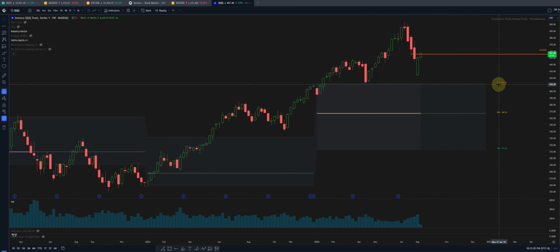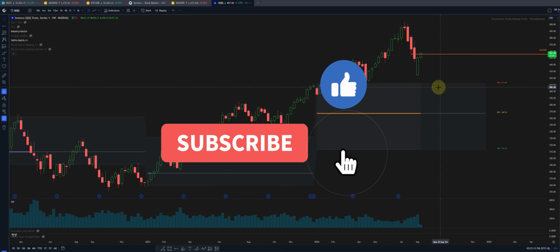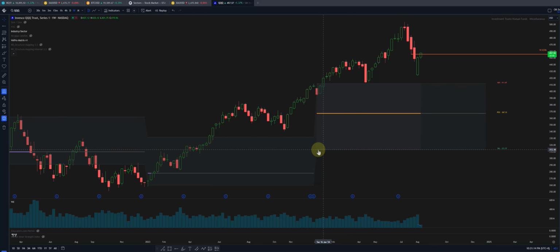So value area high, value area low, and point of control. So this value area is where 70% of the volume was traded, but when? Last year. So last year is from here to here. So it is plotting last year's value area into next year.